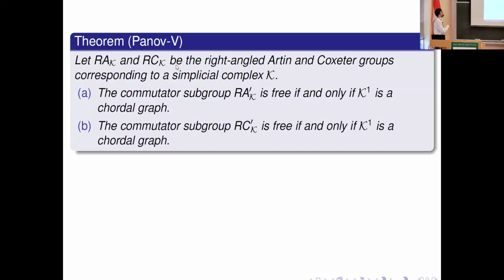Theorem, Panov and Veryovkin. Let RA_K and RC_K be the right-angled Artin and right-angled Coxeter groups. Then the commutator subgroup of the right-angled Artin group is free if and only if the one-skeleton of K is a chordal graph. And the commutator subgroup of the right-angled Coxeter group is free if and only if the one-skeleton of K is a chordal graph.